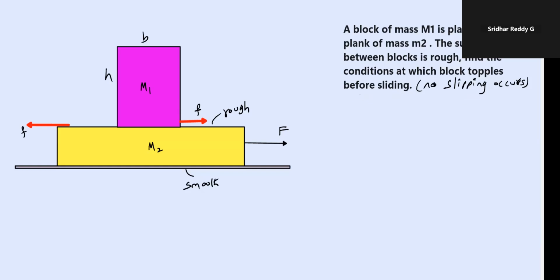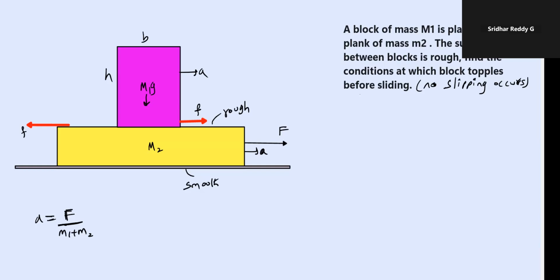No slipping should occur, so here we'll assume the same acceleration. So what should be the acceleration? A is equal to F by M1 plus M2. The weight is M1 G.